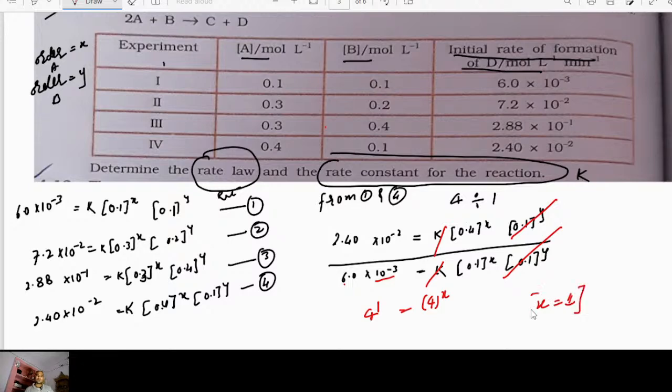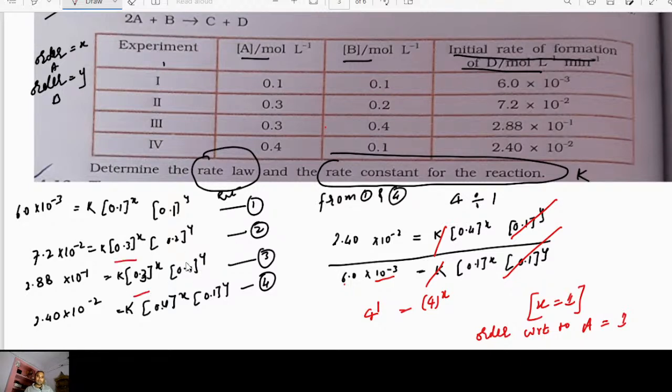So with respect to A, the order is 1. Now we need to find the value of Y. You see, 0.3 and 0.3 cancel out.